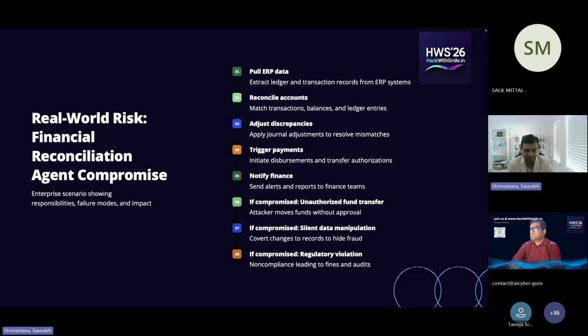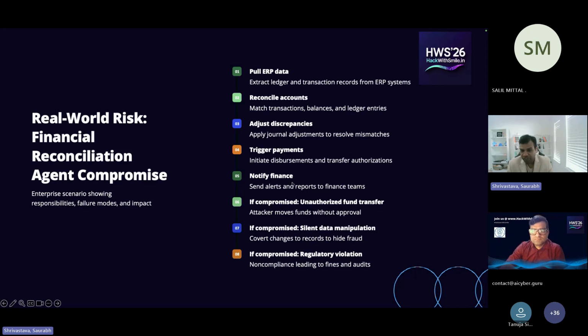Let me take a simple example, I keep talking about this because it is easy to digest. The real-world risk is in a financial reconciliation system. The agent can pull data from the ERP system to extract the ledger and the transactions, and then reconcile all the balances, transactions, and ledger for your company. It adjusts the discrepancy automatically, then triggers the payment and notifies finance that it has sent the payment.